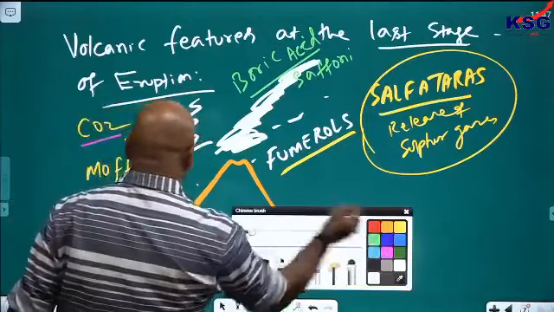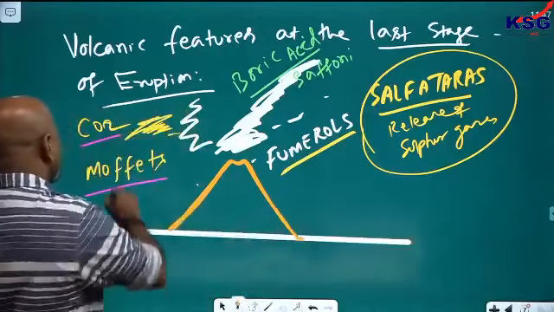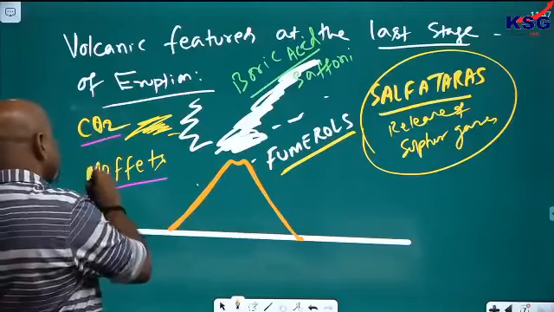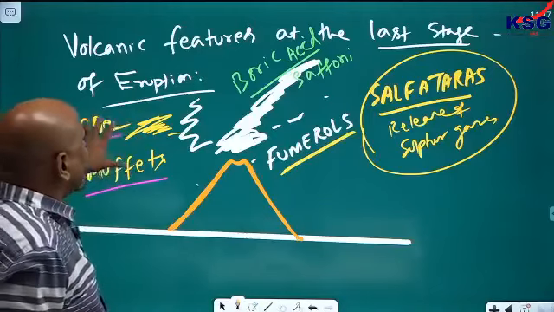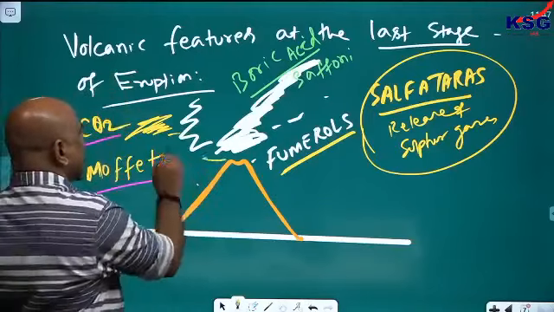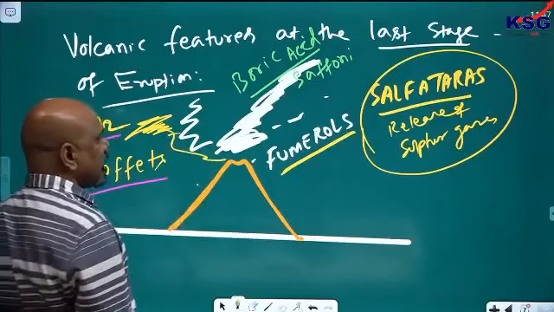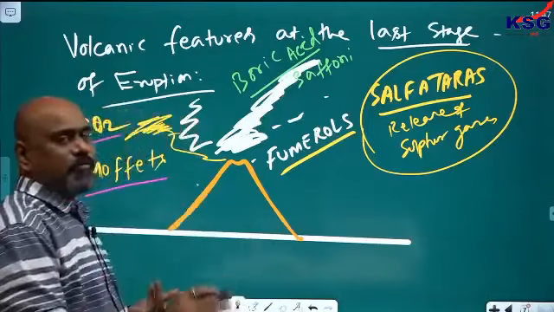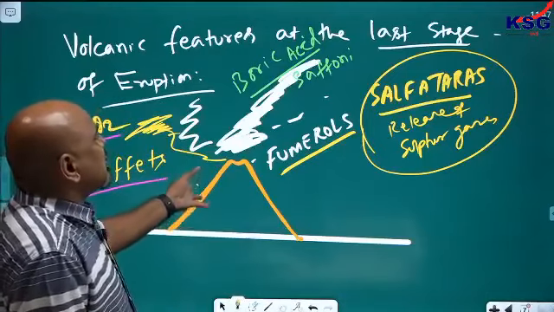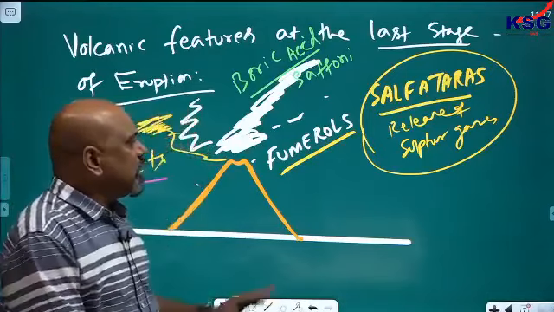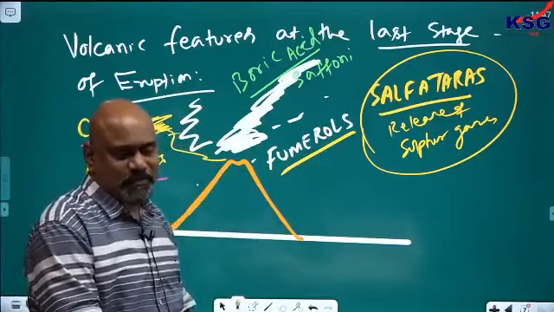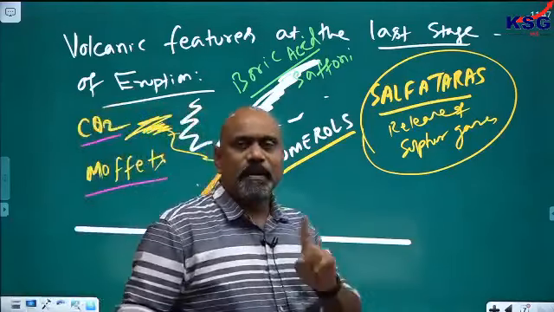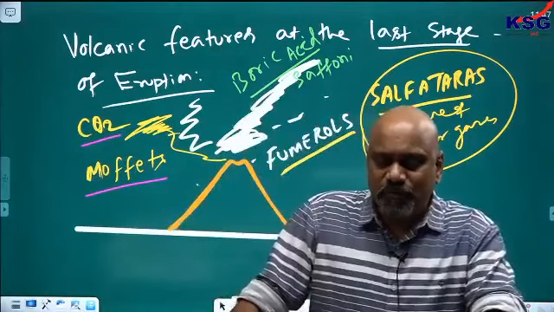If carbon dioxide, mofettes. If there are fumes only, it is called fumaroles. If boric acid, gases from Saffoni. If sulfur gases, solfataras. Different names for these fumaroles here you have.